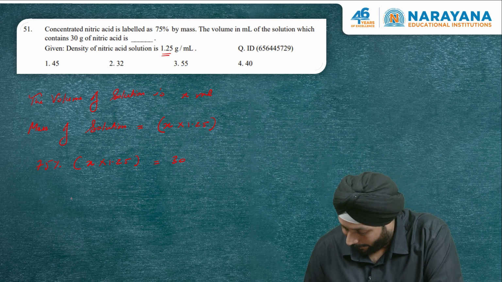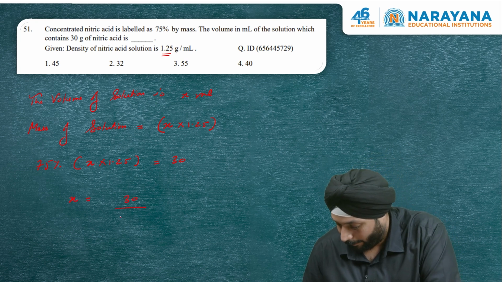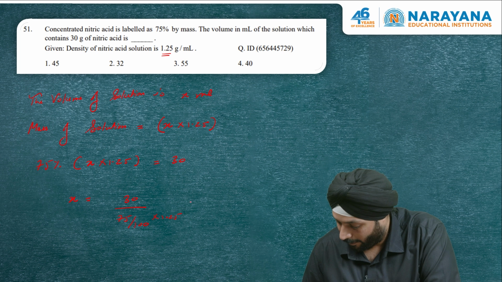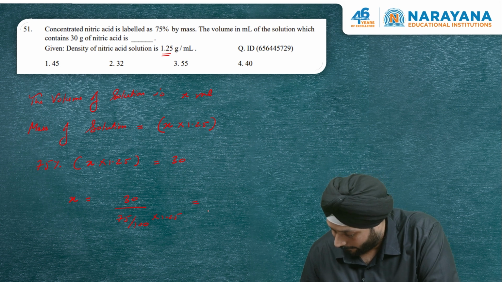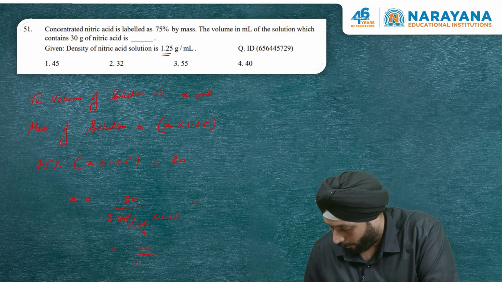So we'll solve it. x will be equal to 30 divided by 75 by 100 into 1.25. After solving this, there will be 3, this will be 4, so we'll be getting 40 by 1.25.